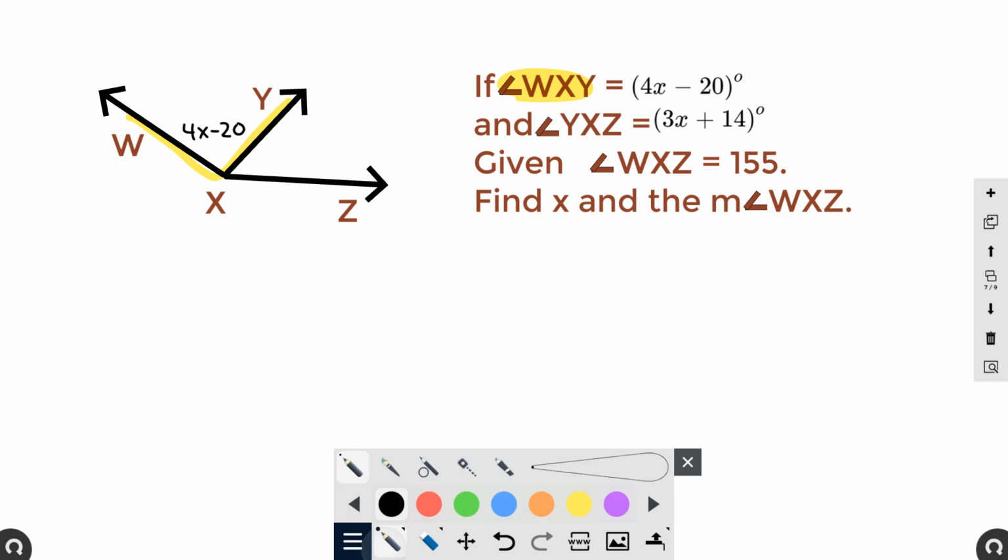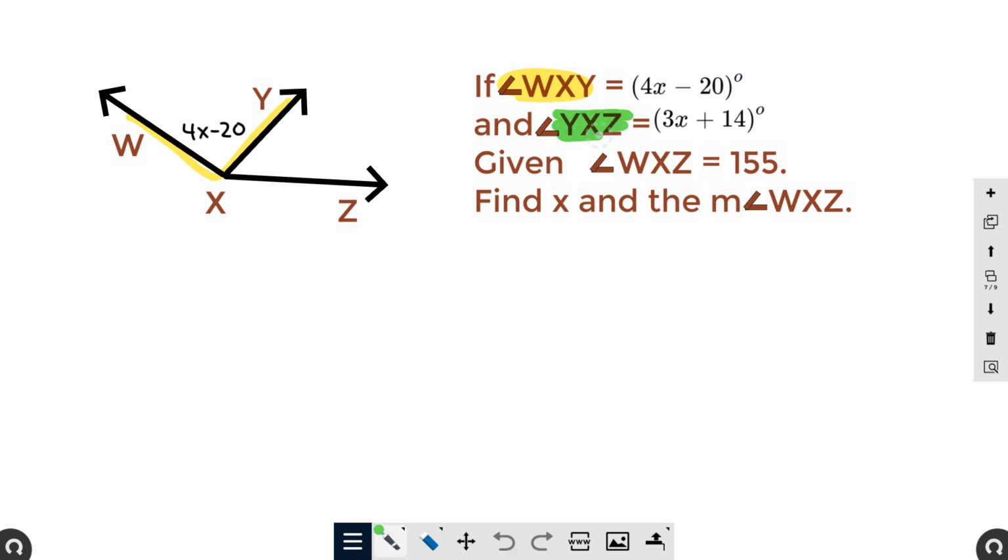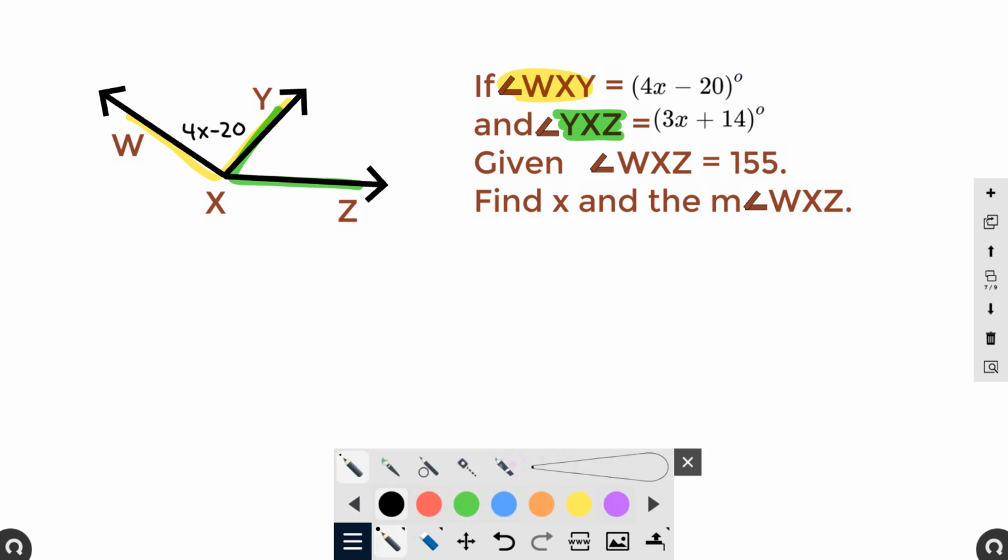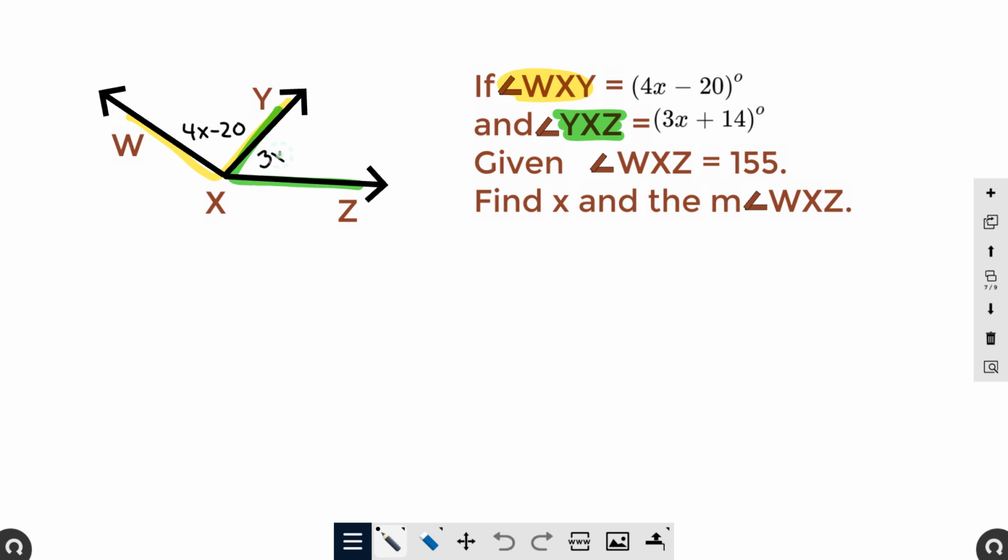Then when it talks about the next angle, YXZ, you go from Y to X to Z. So you're just looking at this part to the right. So the measure of that angle is 3x plus 14.